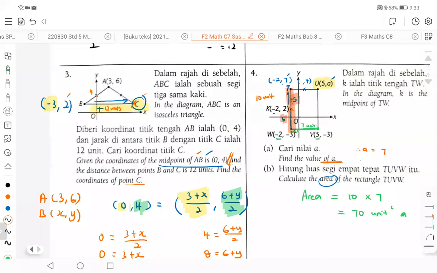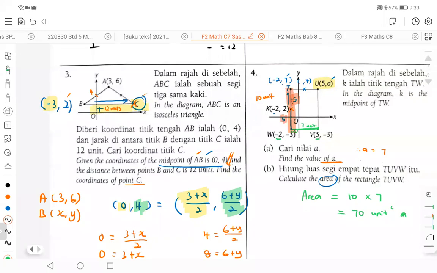Okay, Erwin, why can you not get 9? 12 equal to... how did you form the equation? 12 equal to negative 3 minus x? I think it's a bit complicated. If you want to write like that, also can.